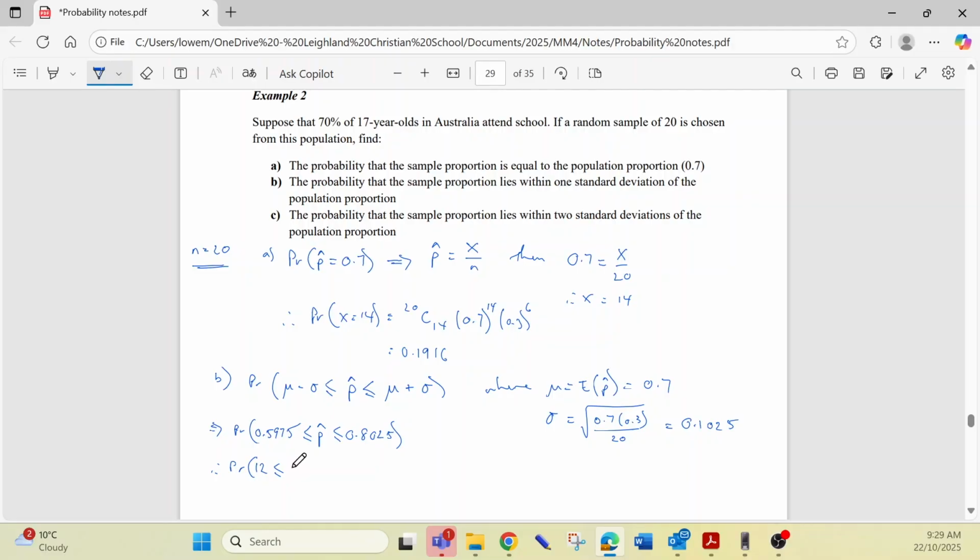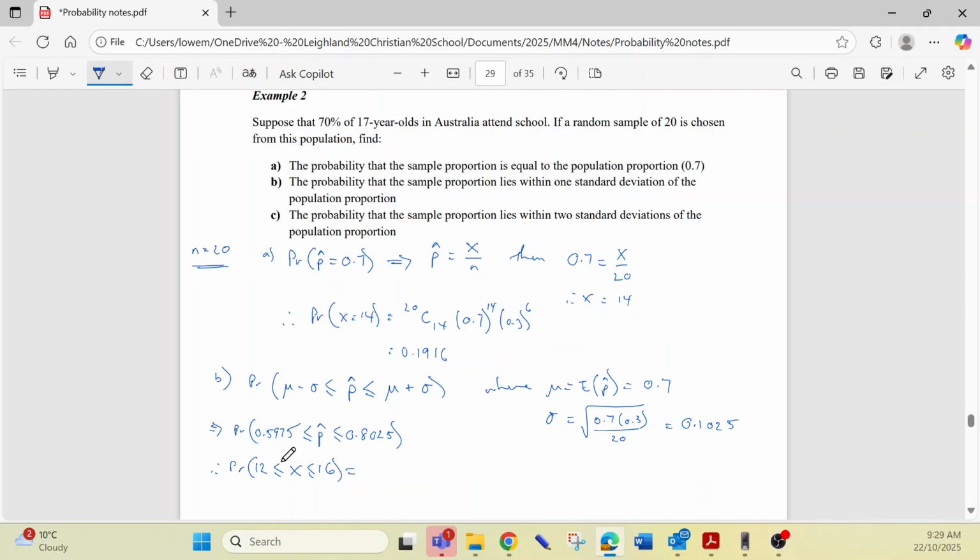That's x, and that one is 16. So we need whole discrete values. Rather than putting a decimal value for x, we'll put integral values, because we're dealing with numbers of people, so it needs to be a discrete value.